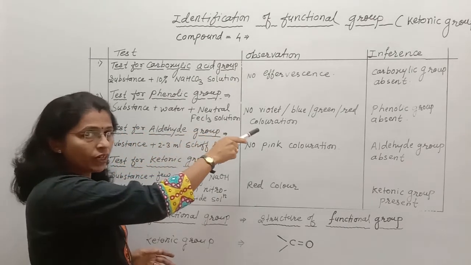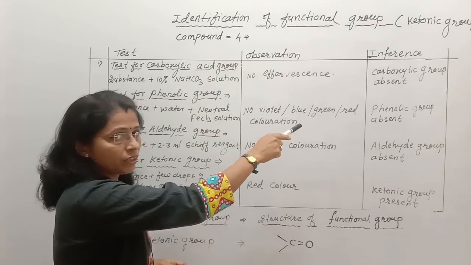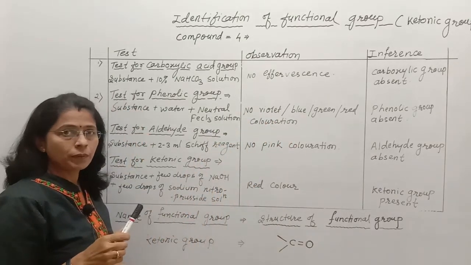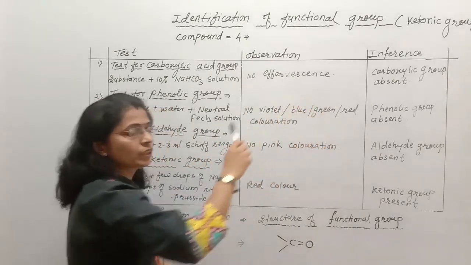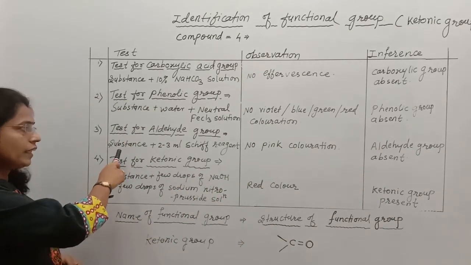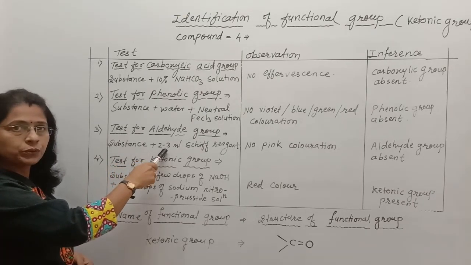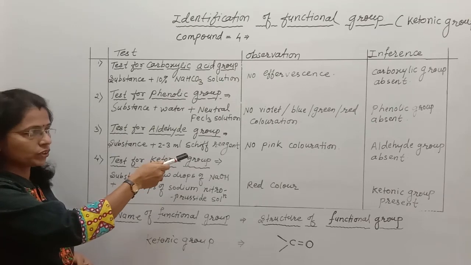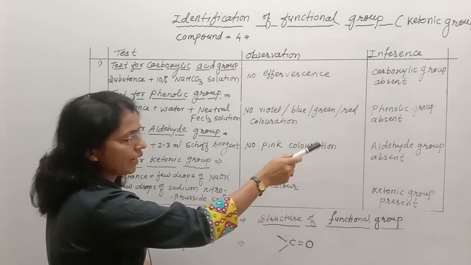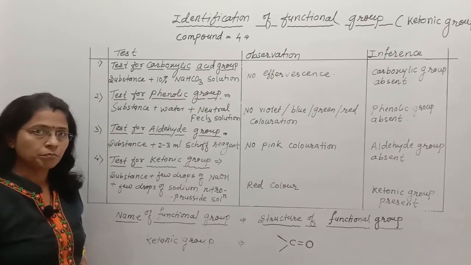There is no violet color or blue color or green color or red color, means none of these colors we obtain. That's why phenolic group is also absent. Then again we take a little amount of the given substance and to that we add 2 to 3 ml of Schiff's reagent. We don't get pink coloration, means aldehyde group is also absent.